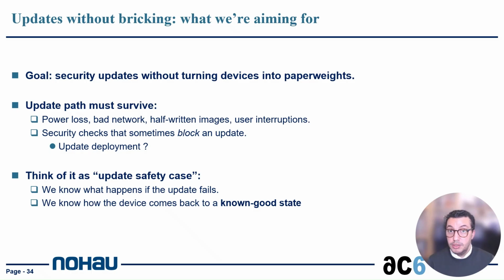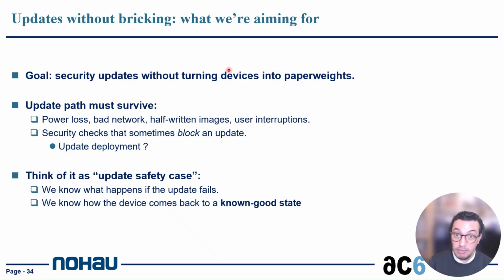Our goal is to deliver security updates without breaking the device. So the update process has to be tough enough to survive things like power loss, bad connectivity, a half-written image, or the user unplugging the device at the wrong moment. Even if this is not really related to the CRA, we have some concerns on the updates.